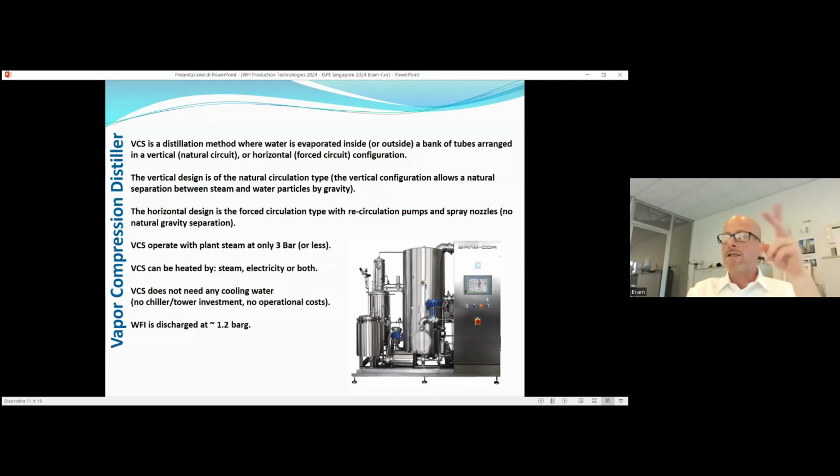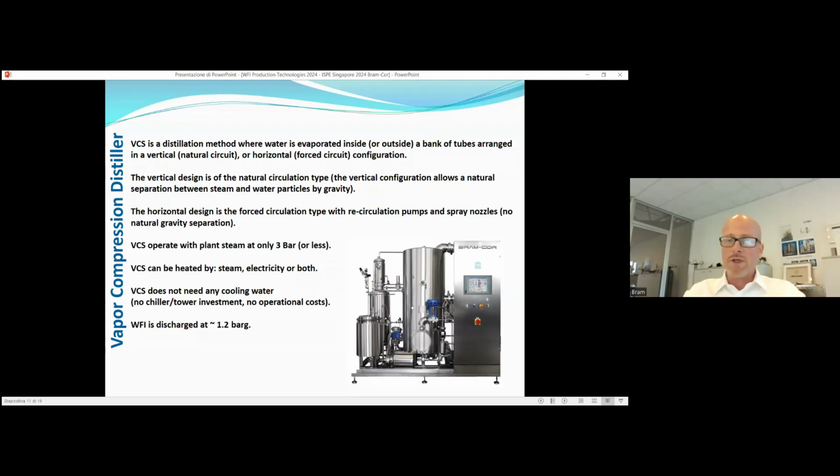You can select the sources, for example. Clearly, it depends on the country, the cost of energy, the availability of energy, or the policy of the company. In Europe, but also in certain countries in Asia, we are seeing that the tendency to go to electrically heated machines is increasing.